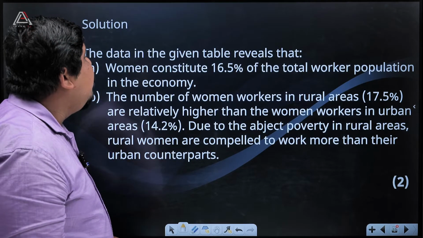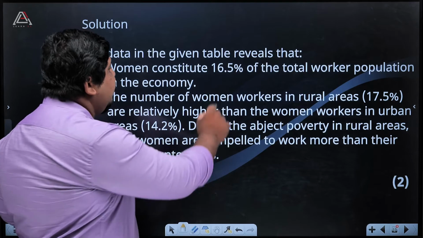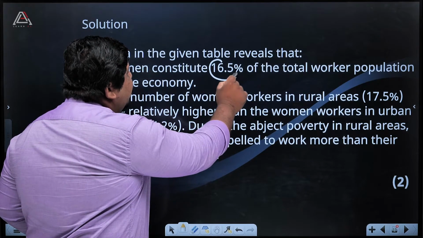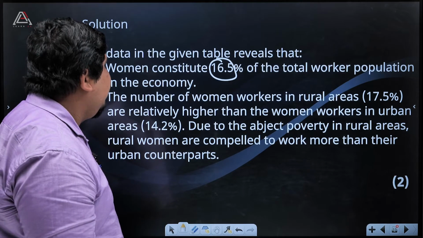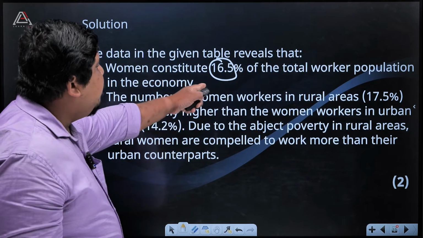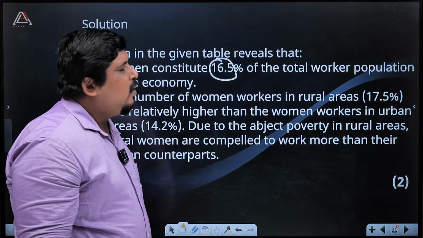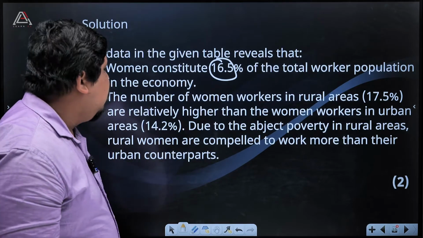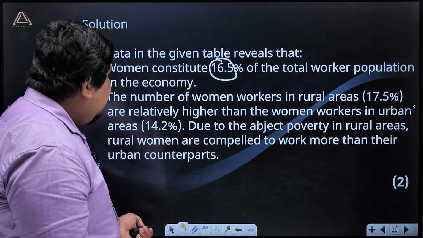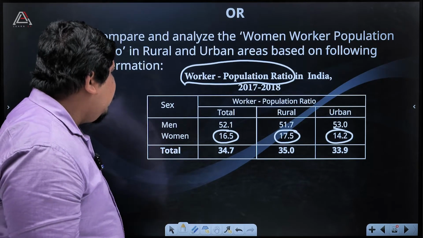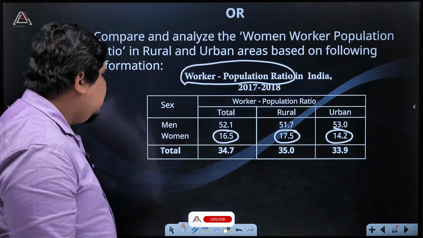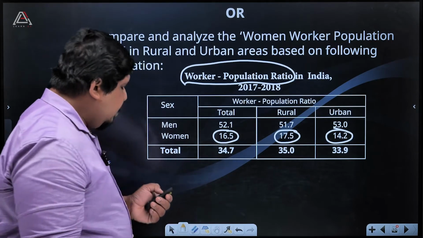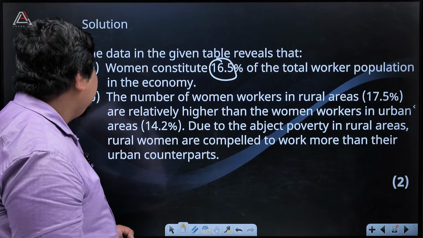The data given in the table reveals that women constitute 16.5% of the total worker population in the economy. We already saw that in the table, total 16.5. What is the next one?